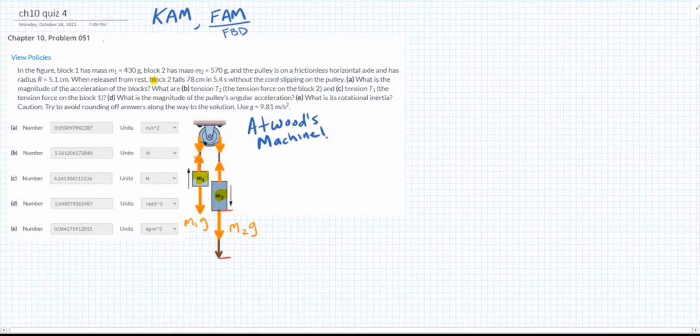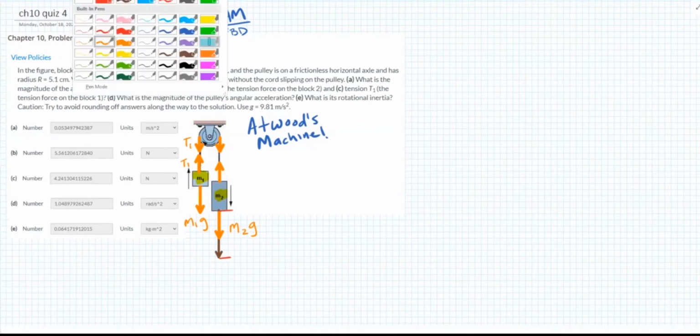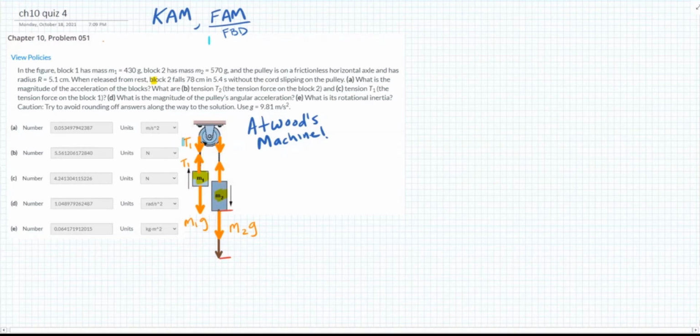I'm going to call this T1. These two tensions are equal. There's nothing disintermediating them, meaning there's no middle broker. There is nothing in between M1 and the pulley, just the rope.